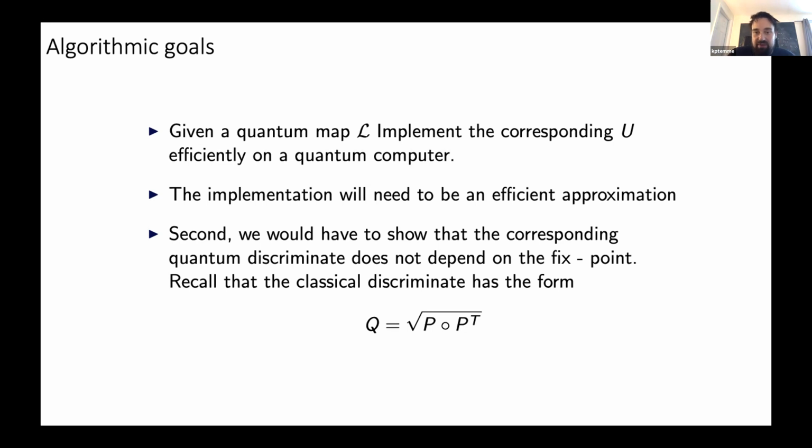What we would like is that the quantum discriminant that we constructed explicitly in the first step depends on the fixed point, but we'd like that property to drop out as well. So the unitary that you want to implement in the end and the corresponding reflections don't essentially depend on explicitly having to know the fixed point, which is what it is that you want to prepare in the first place.